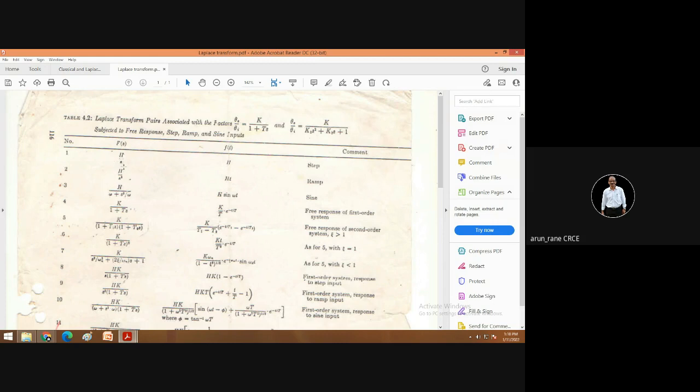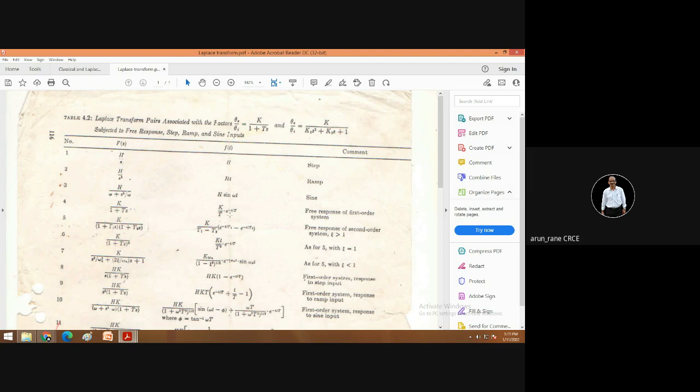So Laplace inverse of h upon s square is ht. Step input, ramp input, sine input. So Laplace of h sine omega t is h upon omega plus s square upon omega.